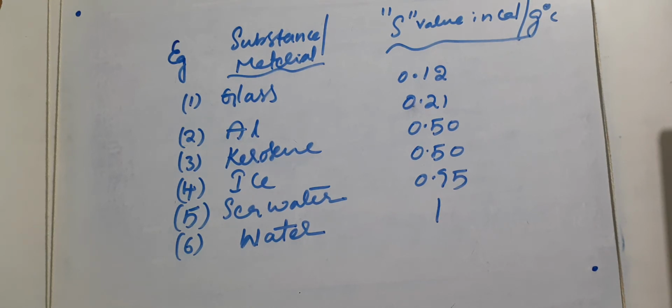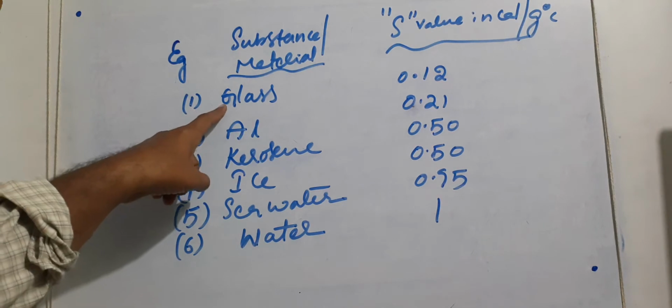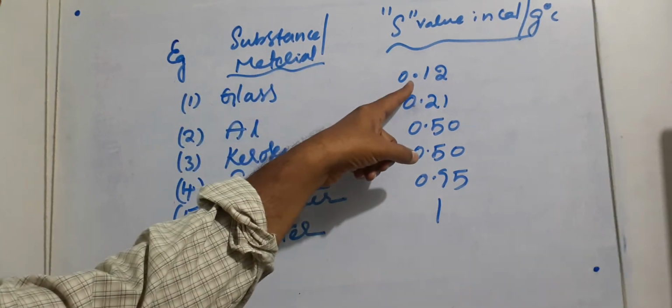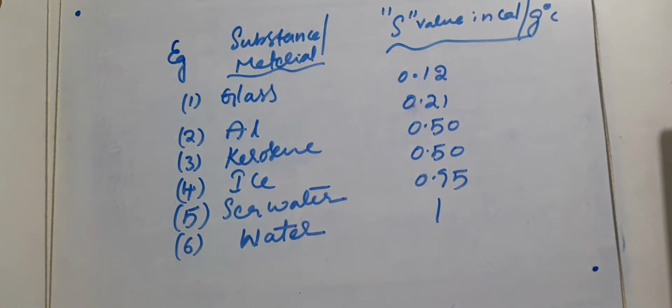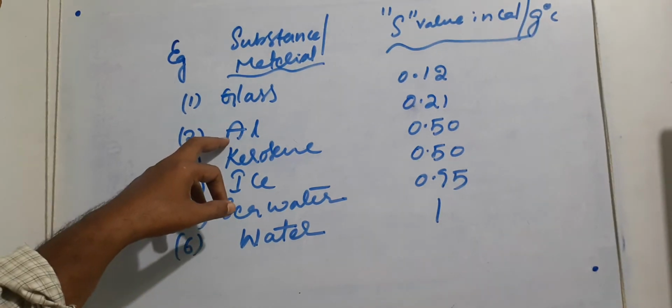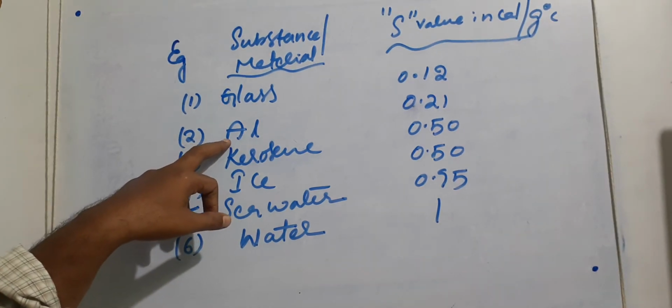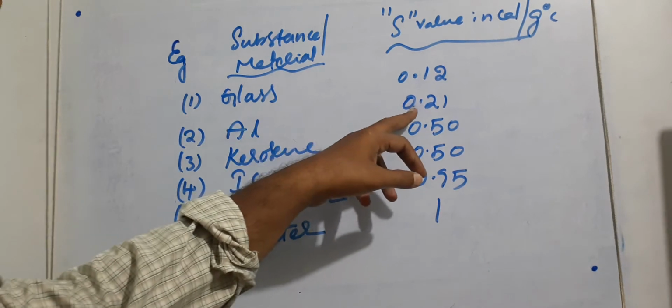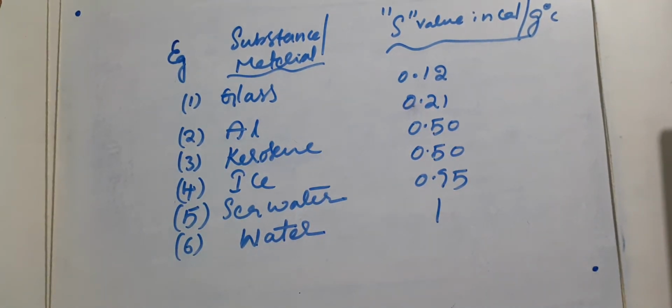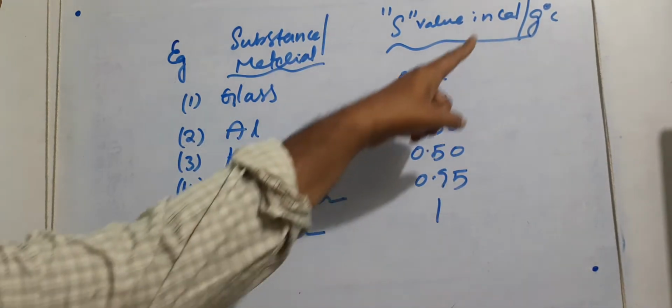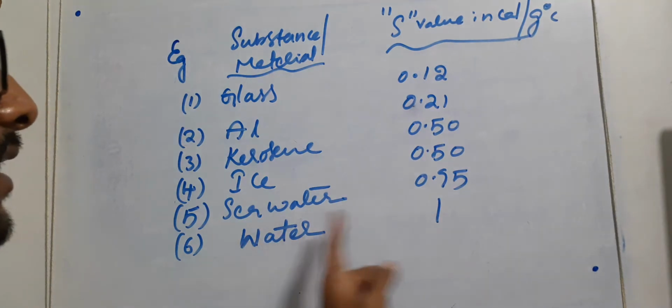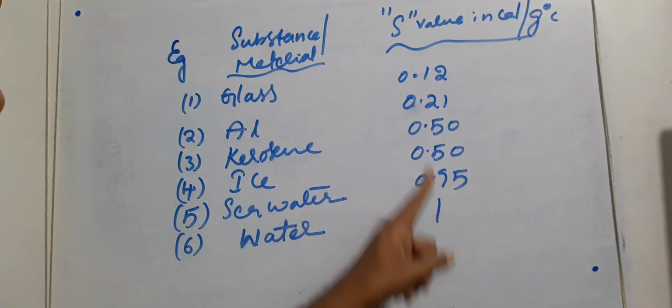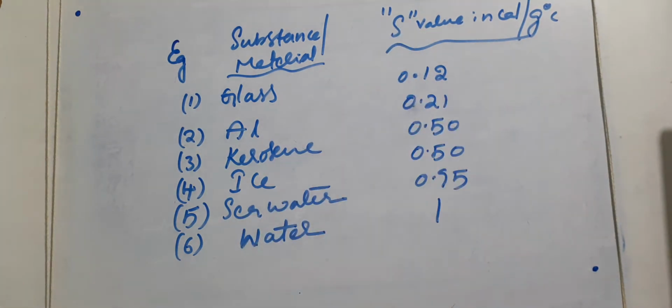For example, if you take 1 gram of glass, to raise its temperature by 1 degree Celsius it requires 0.12 calories. If you take 1 gram of aluminium, it requires 0.21 calorie. If you take water of mass 1 gram, it requires 1 calorie, so its specific heat is 1 calorie per gram degree Celsius.